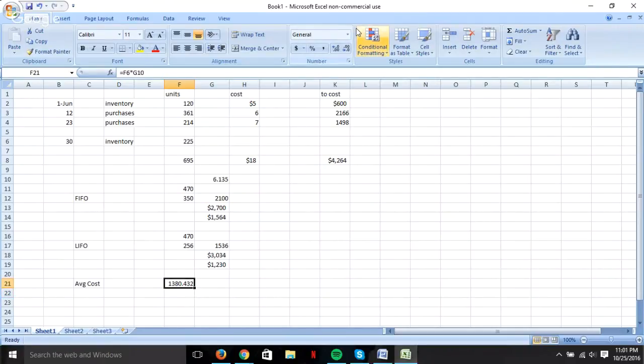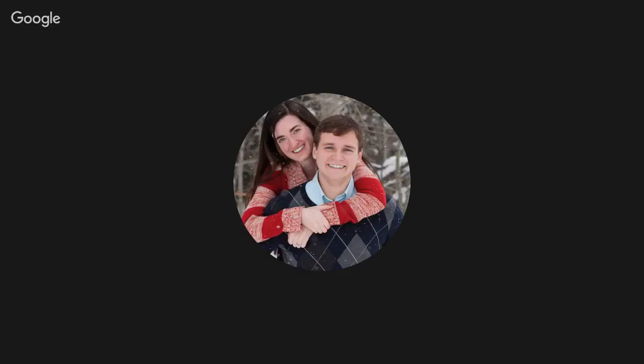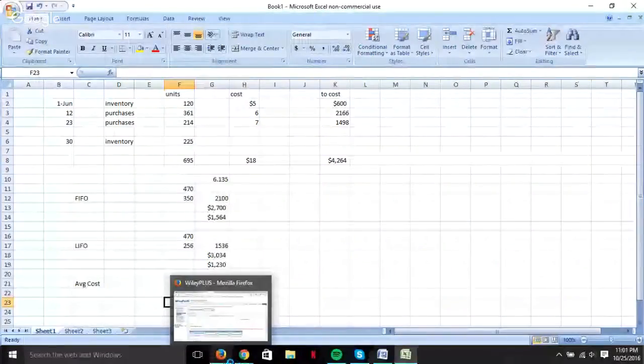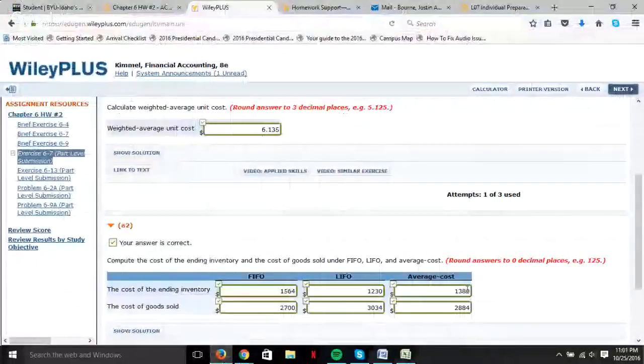But in the instructions, it did tell us that we round this to the nearest whole number, so 1380. To give us our cost of goods sold. And we'll go back and we'll check. And once again, voila, everything balanced out just like it was supposed to.